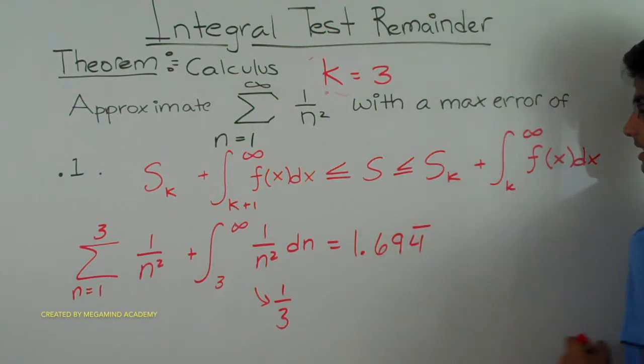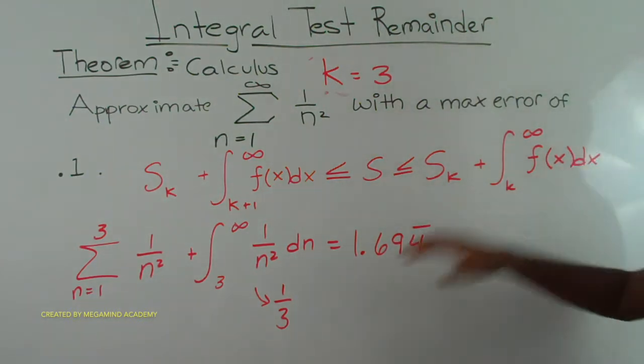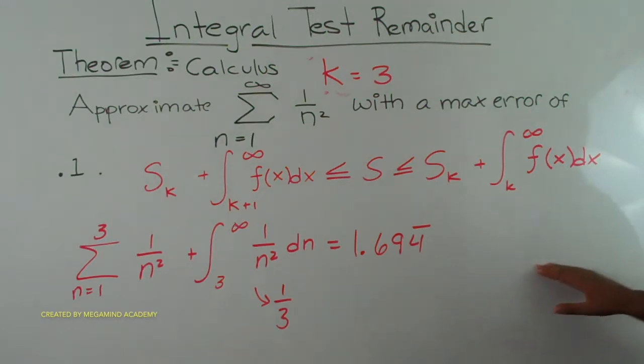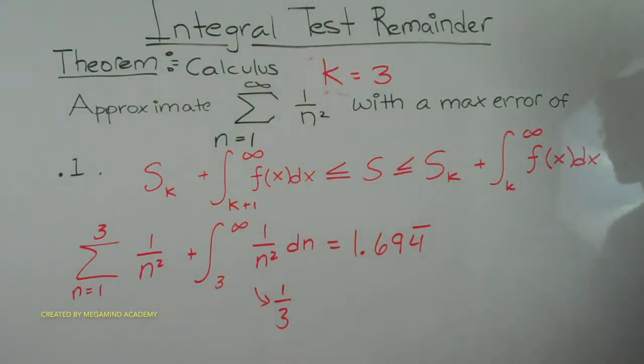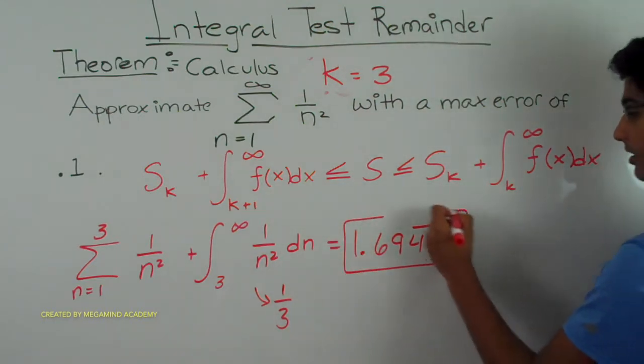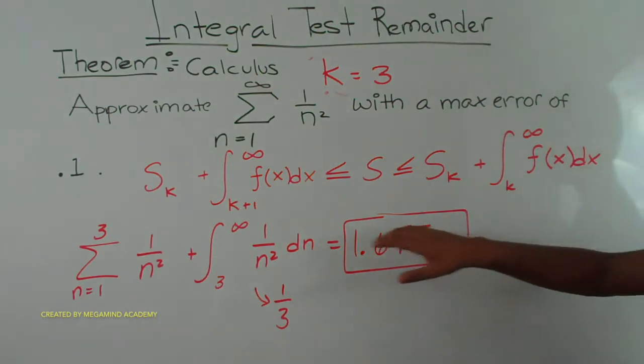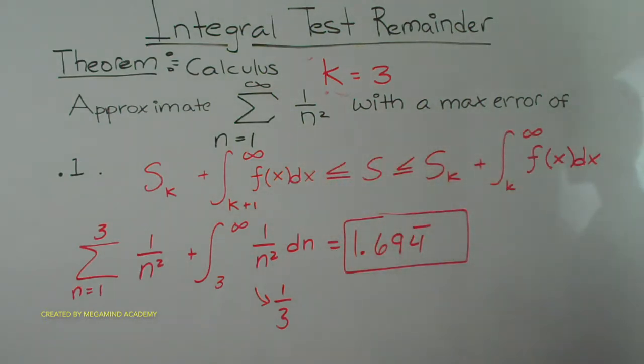So we get 1.694444, continuing forever. So let's circle this answer because this is the approximation. So we have 1.694, repeating, which falls within the maximum error range of 0.1.